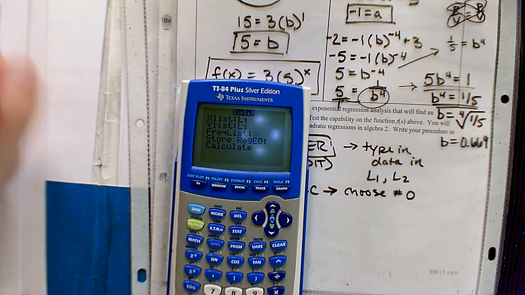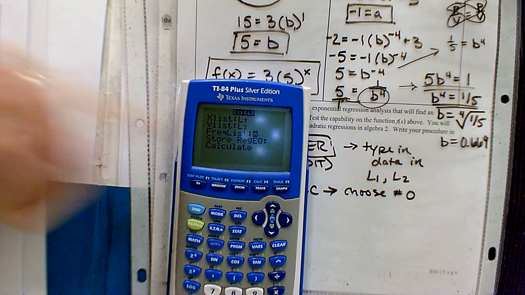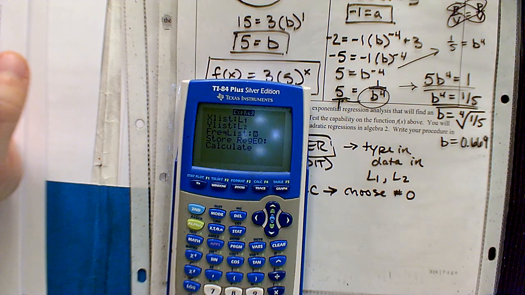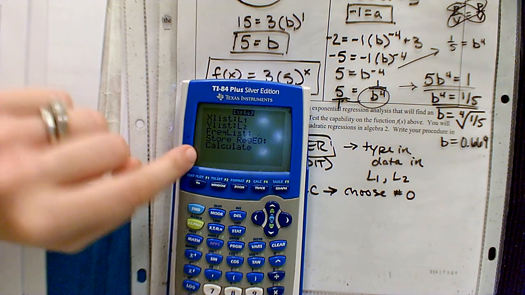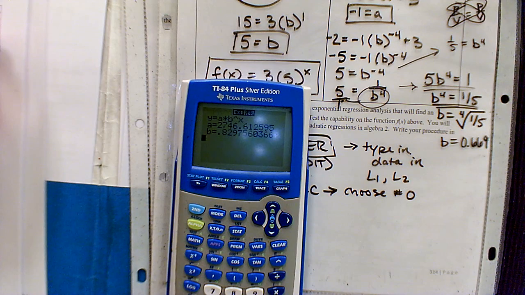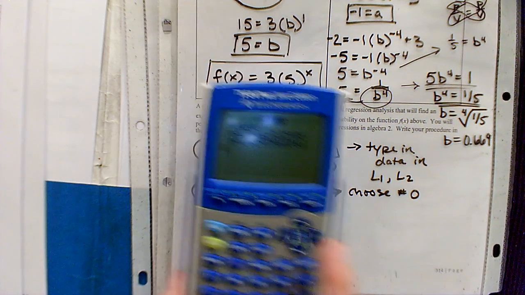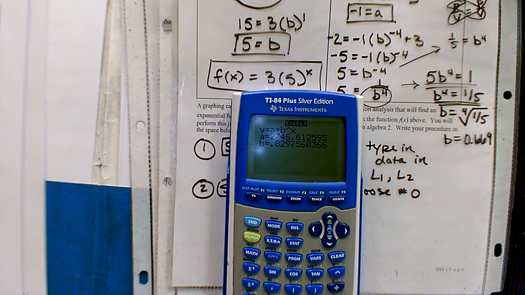I'm going to hit enter for yes. We are not going to care about the frequency list or storing the equation, so we're just going to hit enter for those. Basically, we're hitting enter until we hit calculate. Then you should have some numbers that pop up on your screen. We'll pick up there tomorrow.